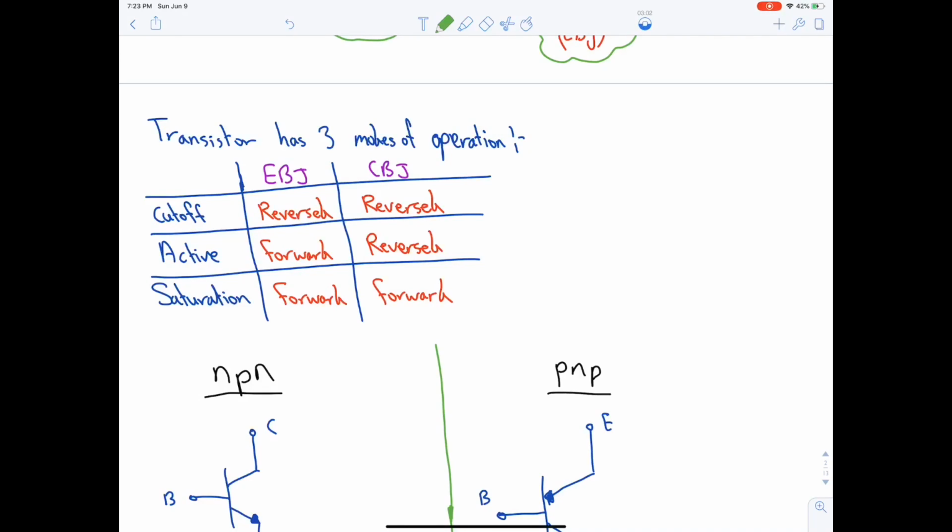As the name implies, in the cutoff mode no current is flowing because both junctions are reverse biased. If both junctions are reversed, we are in the cutoff mode. However, if EBJ is forward and CBJ is reversed, then we are in the active mode. And the last mode is saturation, whenever you have both junctions in forward bias.